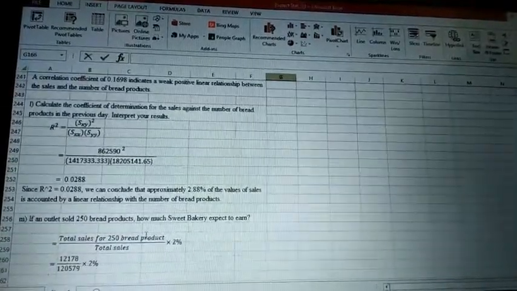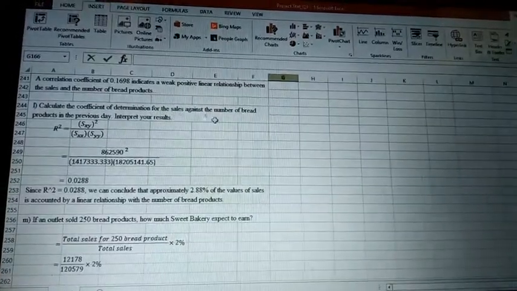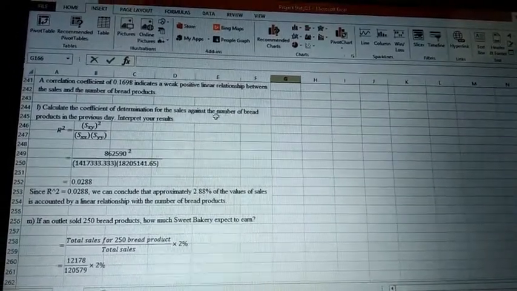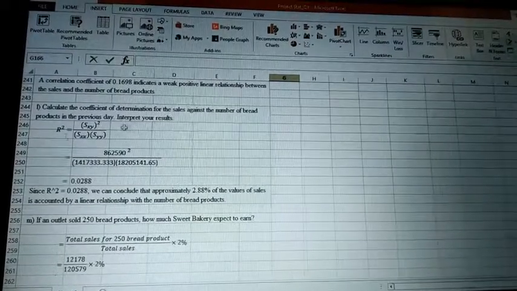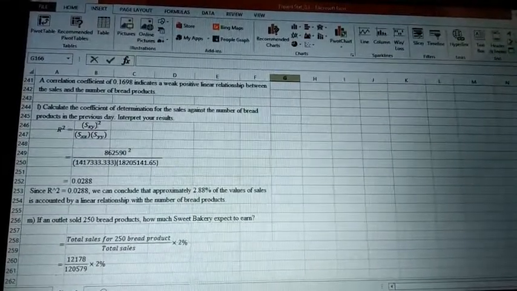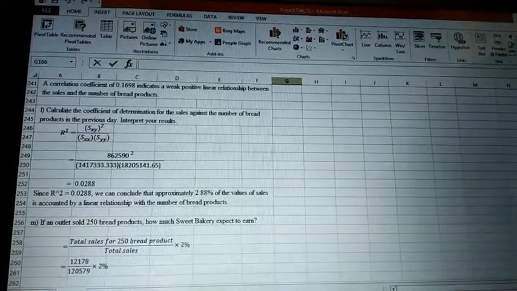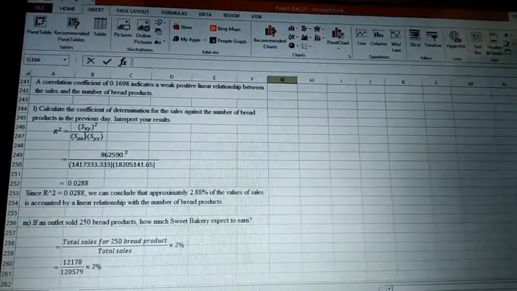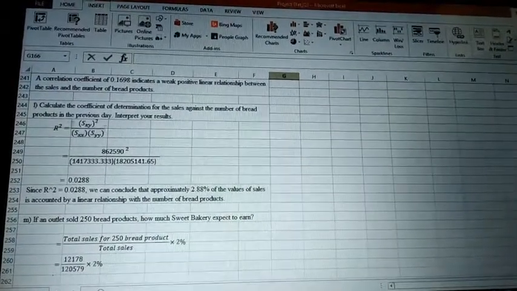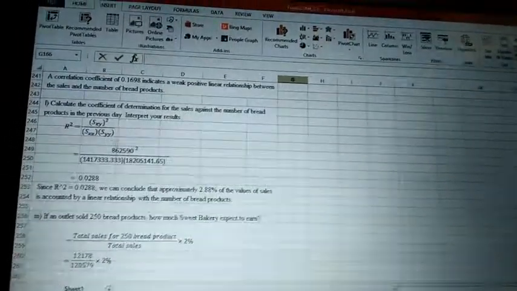Then for question L, calculate the coefficient of determination for the sales against the number of bread products in the previous day. Interpret your result. To find the coefficient of determination, the formula is capital R squared equal to Sxy squared divided by Sxx multiplied with Syy.